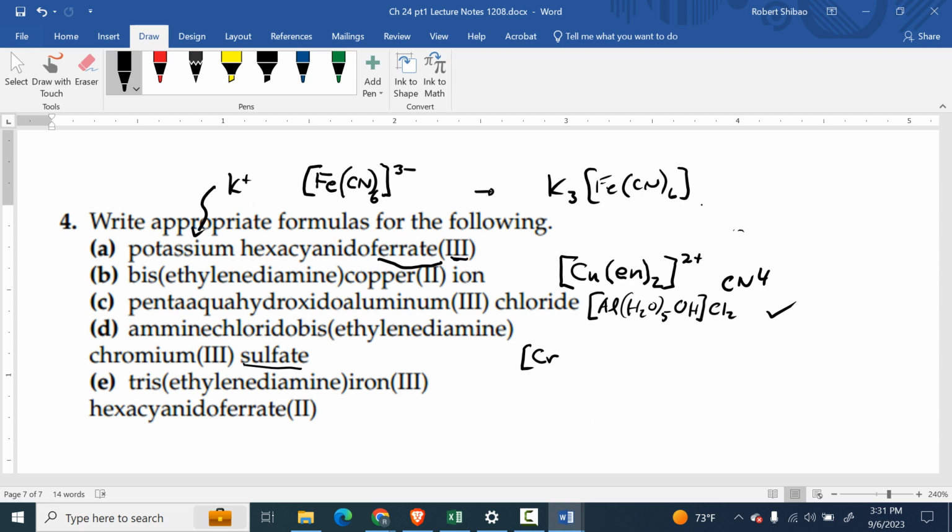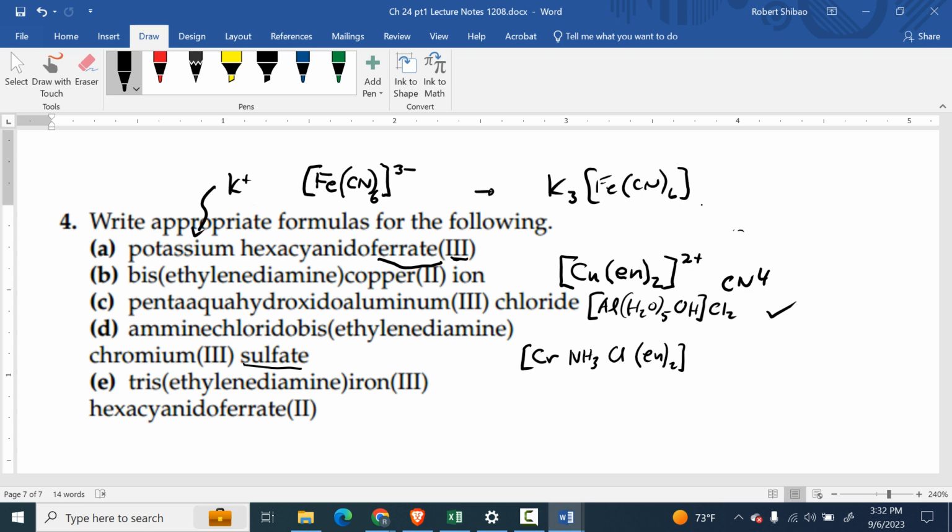And then which should I write? Amine, chlorido, or ethylene diamine? Well, it's alphabetical, so we're just going to go alphabetical here. So we're going to go amine, NH3, chlorido, Cl, and bisethylene diamine means what? 2 ENs. Okay, what's the charge on this going to be?